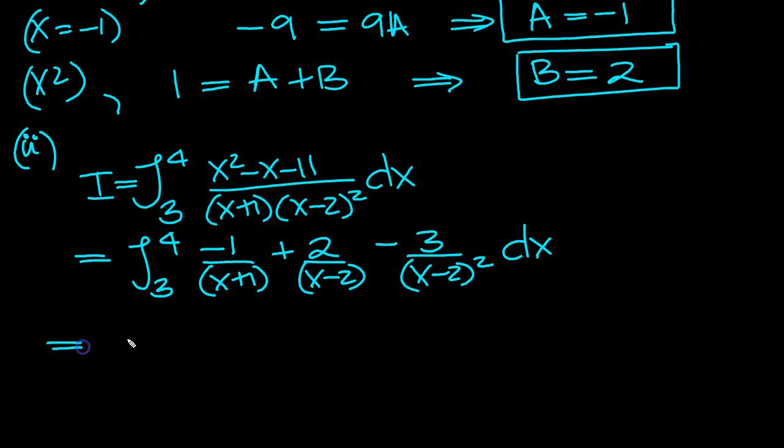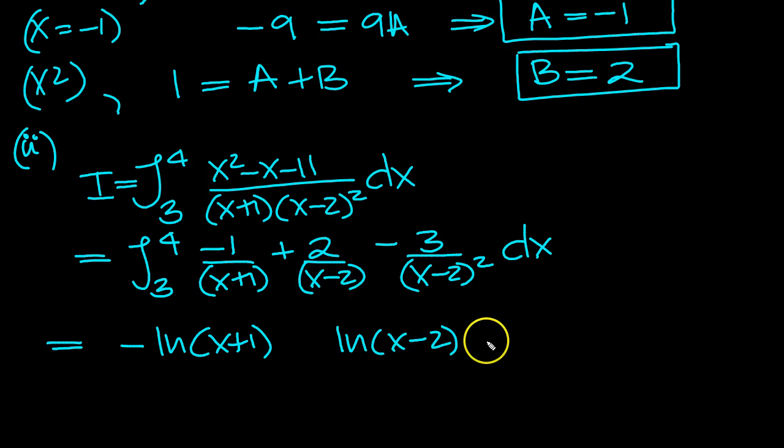Okay, let's have a look at this. This integral is log of x plus 1. You can differentiate this function to see that it differentiates to this, so we need a minus at the front. This similarly is going to be ln of x minus 2. Log of something differentiates to 1 over something, and the something differentiated is just a 1, so we will need 2 there.